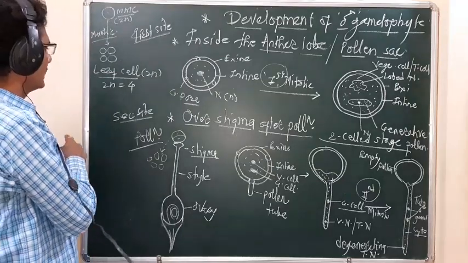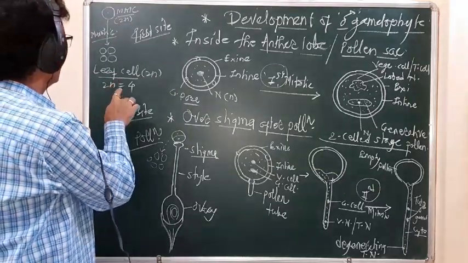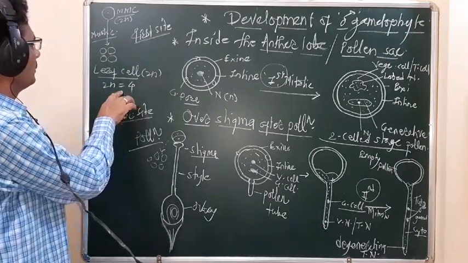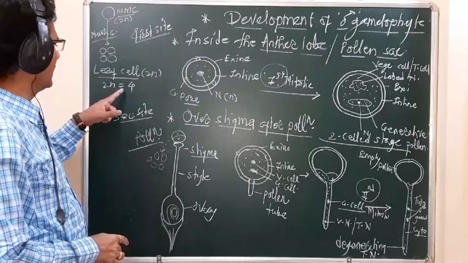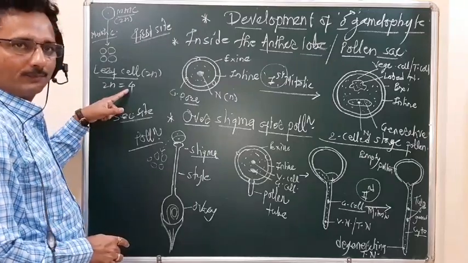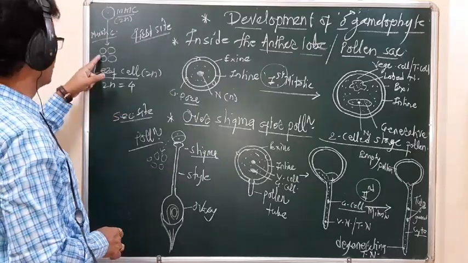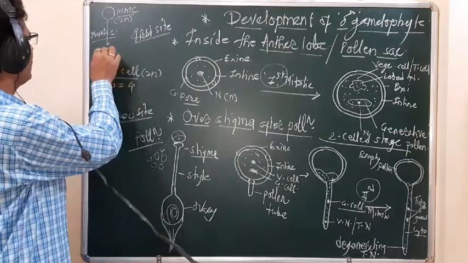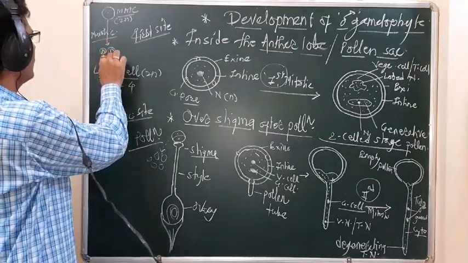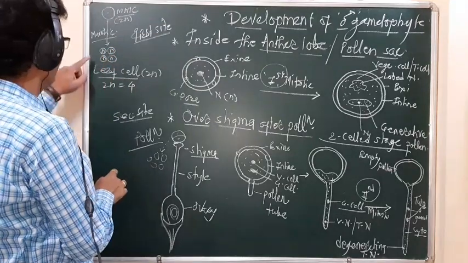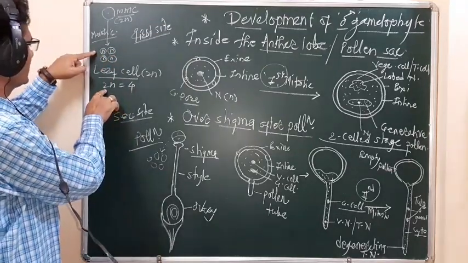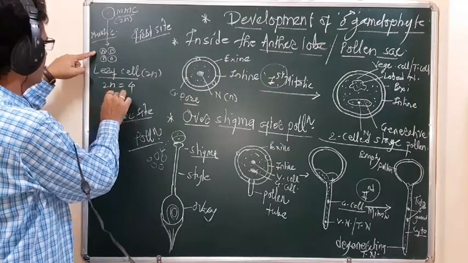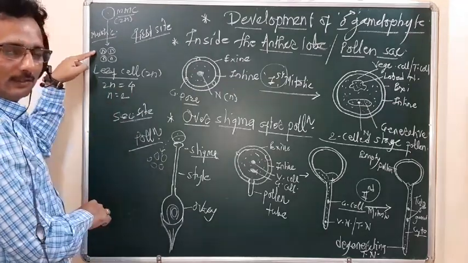Then what they ask is the total number of chromosomes in the pollen tetrad when that sporophytic cell has 4 chromosomes. The pollen cells have half the ploidy. So the half chromosome number from this leaf cell is n equal to 2.